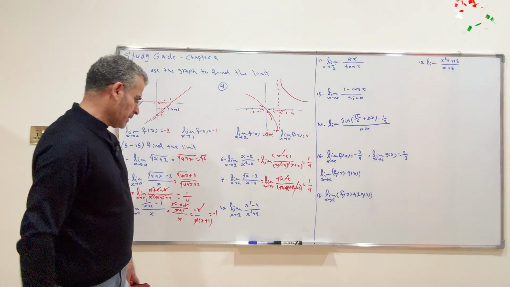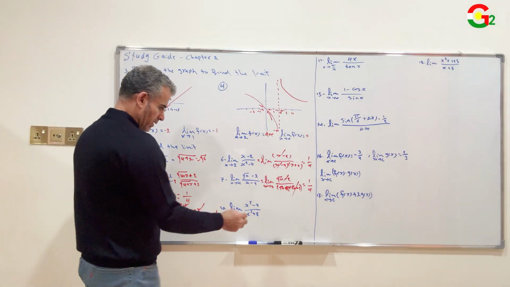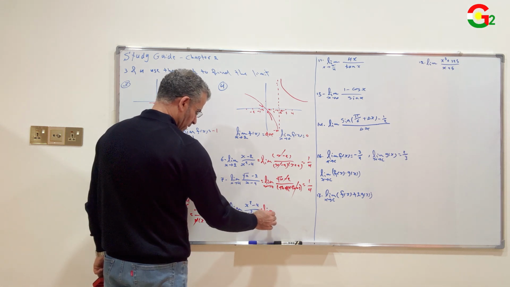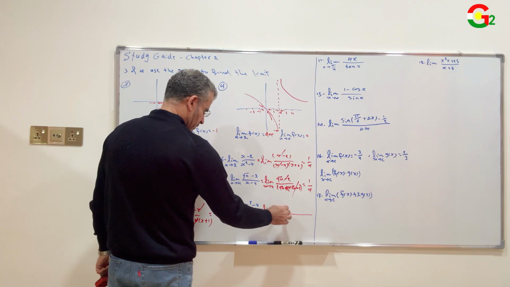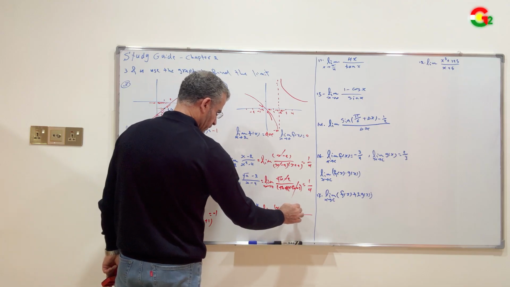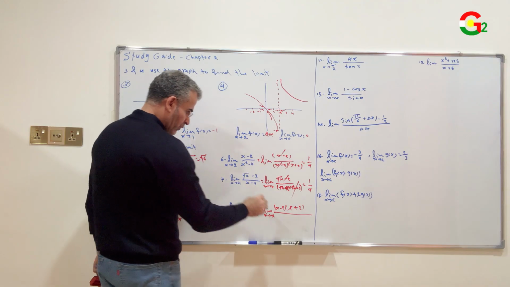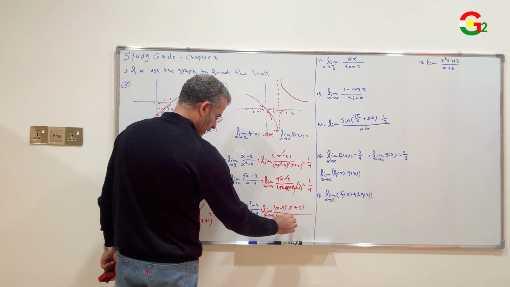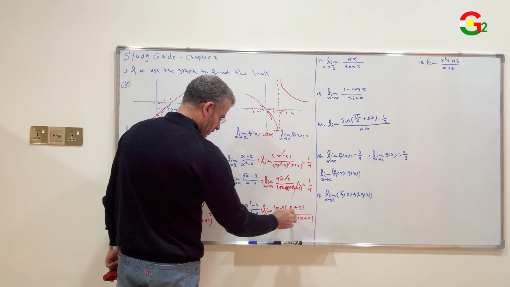Question number 10. Negative 2 is not within the domain of this function. Then try to analyze the numerator and the denominator. X minus 2, x plus 2 for the numerator, summation of 2 cubes in the denominator, x plus 2, x squared minus 2x plus 4.